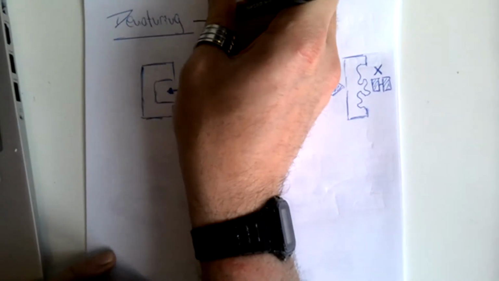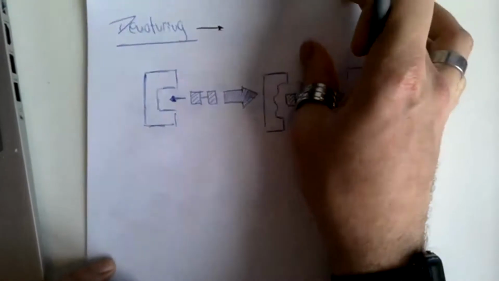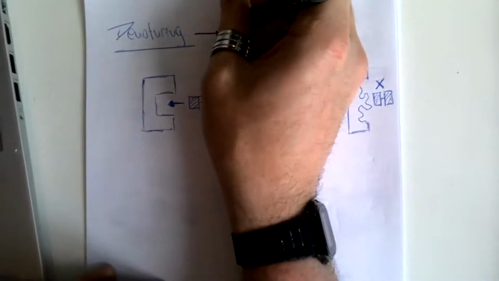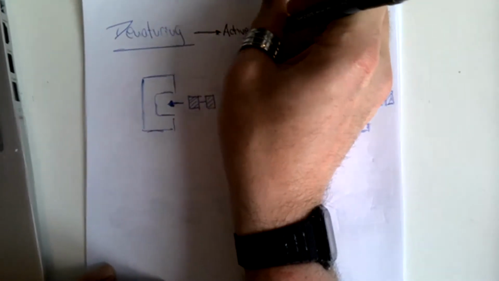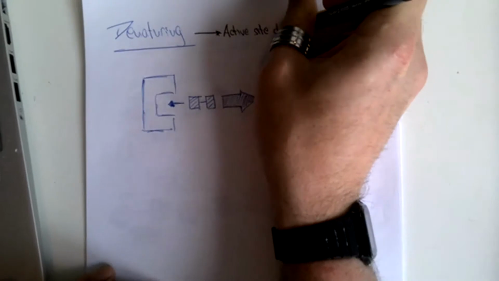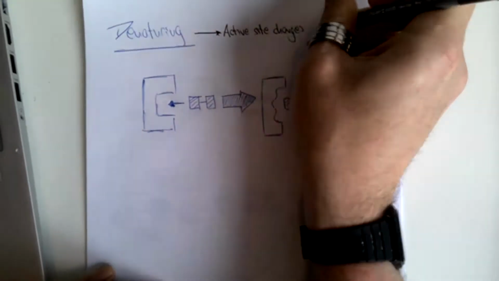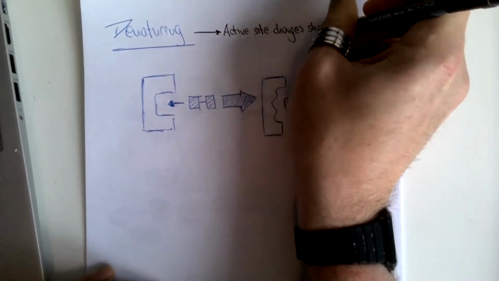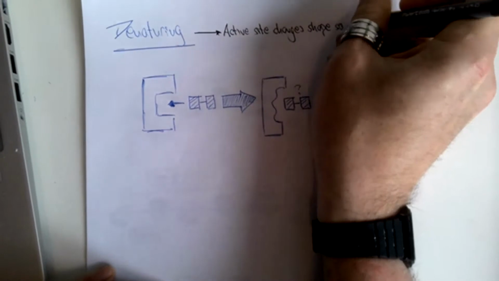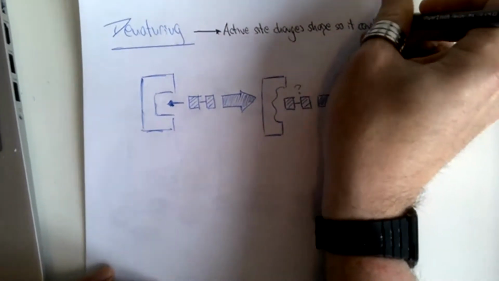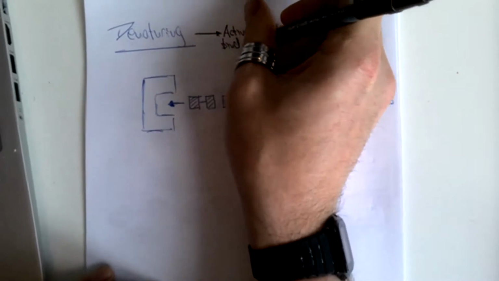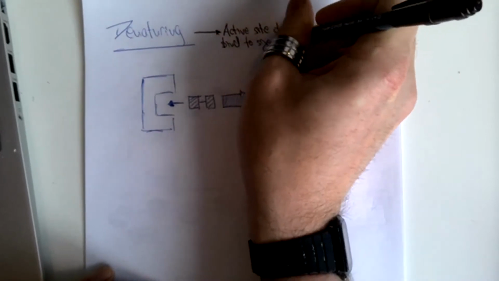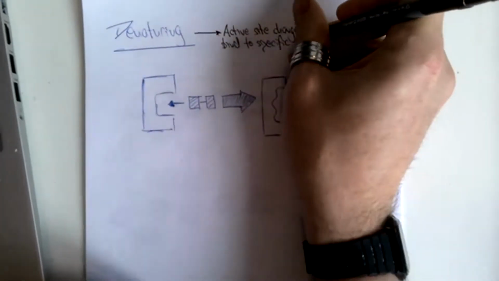So denaturing specifically is when the active site changes shape so it can't bind to specific substrate molecules.